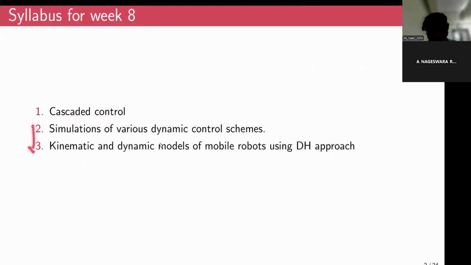Other topics for week 8 were simulation of various dynamic control systems in MATLAB, and, using the principles that we have studied over the previous weeks, a demonstration of how to model a mobile robot using the learned DH approach. For this lecture, we'll be mostly focusing on cascaded control and some sample problems that you can expect during this week's lecture.